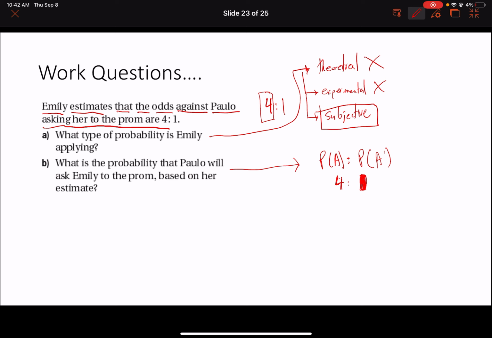Well, we can basically divide. How do we do this again? Basically, this has to equal 1 somehow, and we have to make it equal 1 in order for it to be correct. So we've got to turn it into a fraction of some sort.